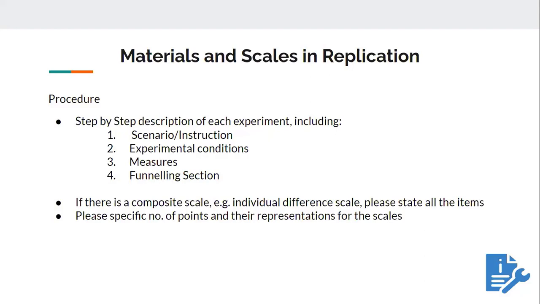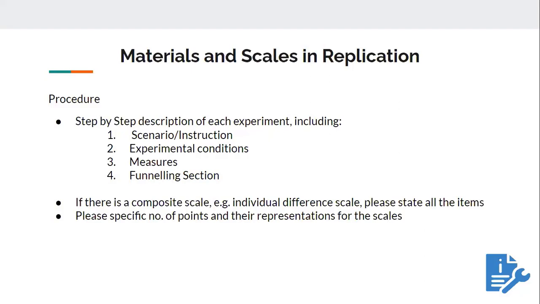And if there's a composite scale, let's say an individual difference scale with 10 items, or 30 items, please state all the items, the number of points, and what each number of points means, the lower bound value and the upper bound value, for example, 8, extremely high, or extremely agree, or 0, extremely disagree.